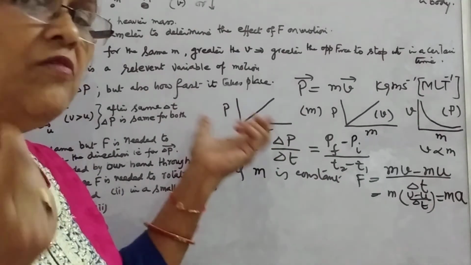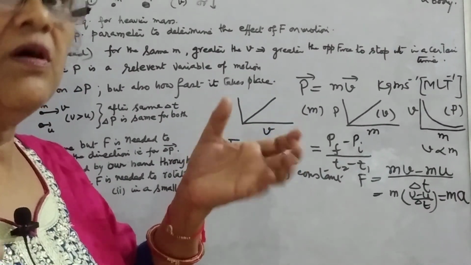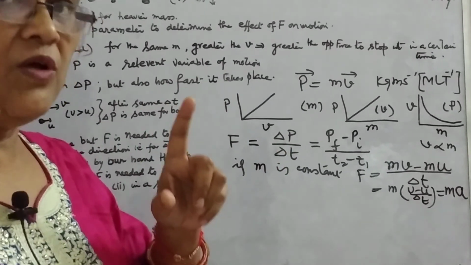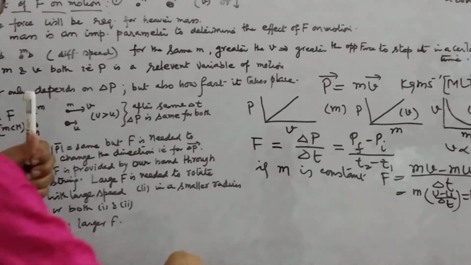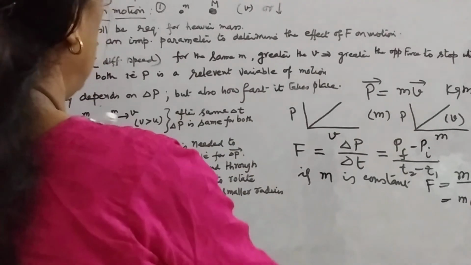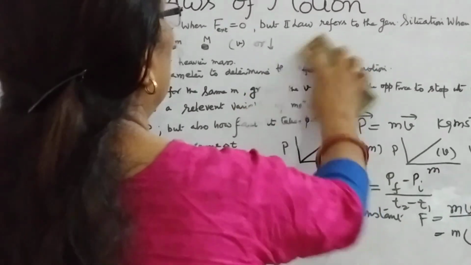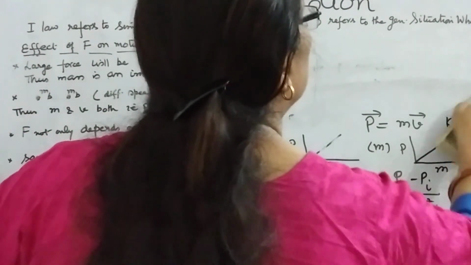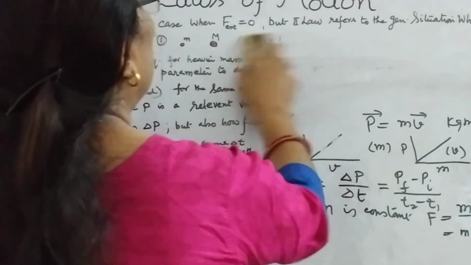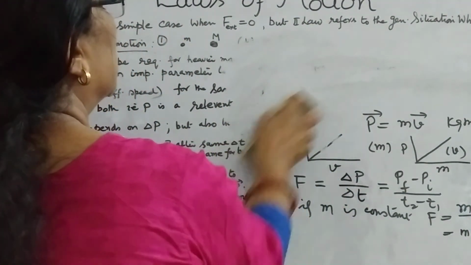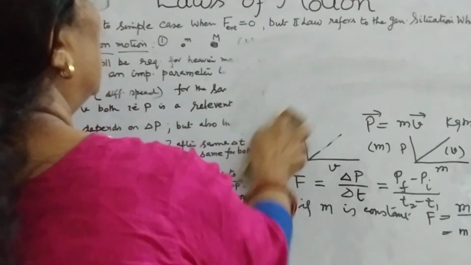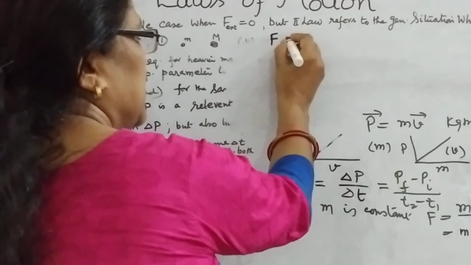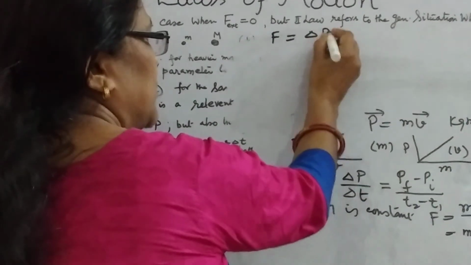Otherwise, if m is changing, how does the second law hold in that situation? Look, I am giving you the explanation. The second law says that the rate of change of momentum is directly proportional to the applied force. So F is the rate of change of momentum.